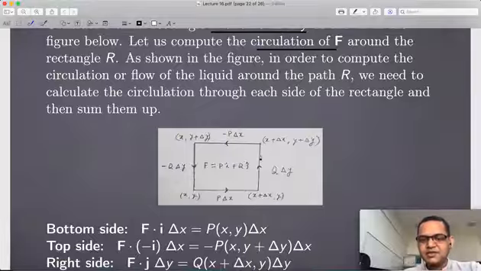Similarly, if you look at here, this is going to be Q times dy. And if you look at this part of the curve, it's the minus i direction, so you get a minus sign here. And similarly here, this is the minus j direction, so you get minus Q over here.